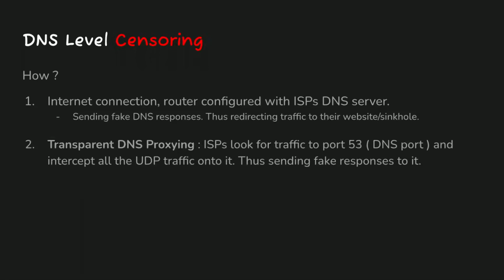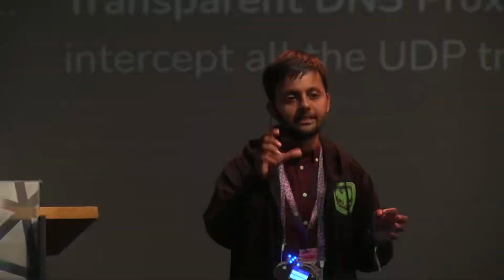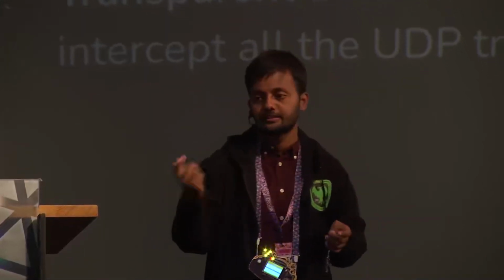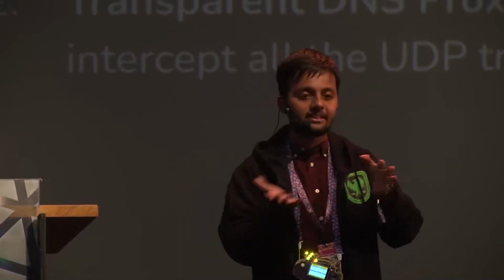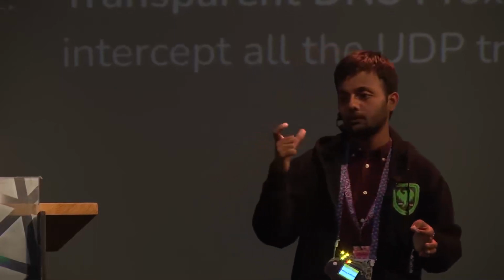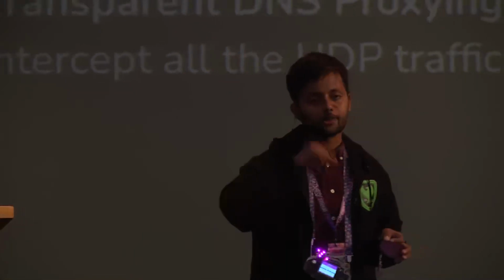This router has predefined DNS server IPs embedded in it, and that's where I would come to the Cloudflare DNS and 8.8.8.8. When these ISPs give you the router and the internet connection, they already have their own DNS server as the default server where your request would go.